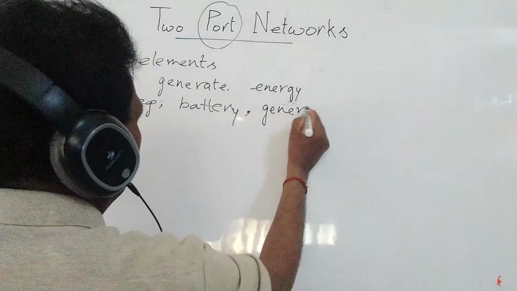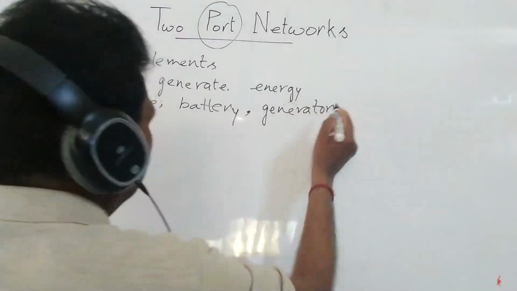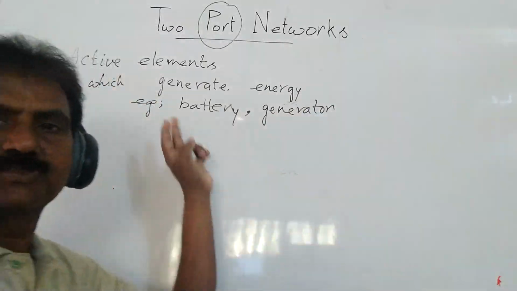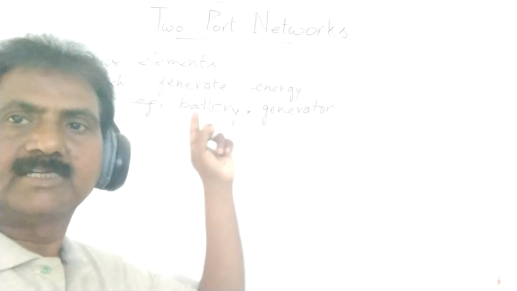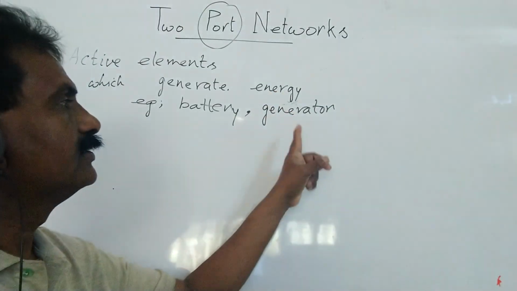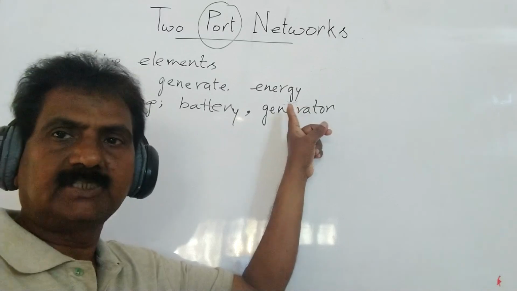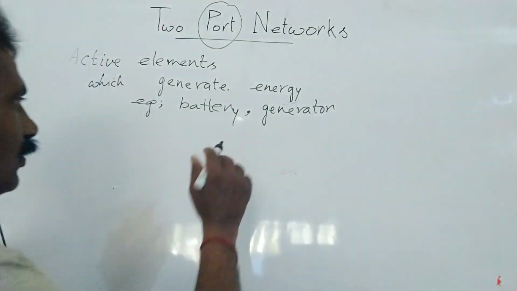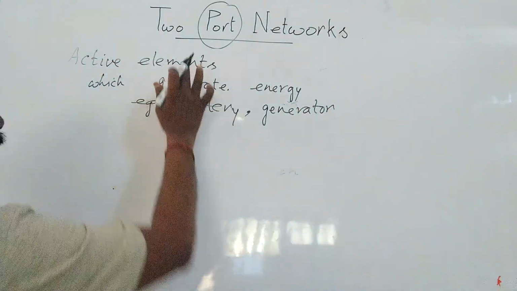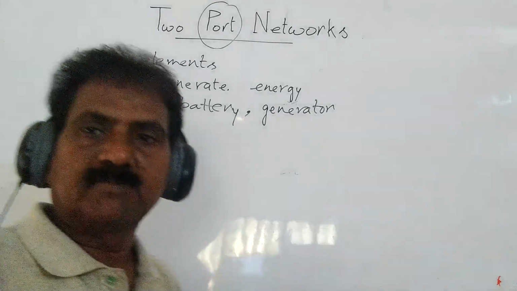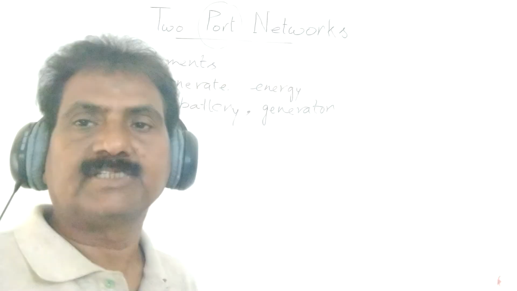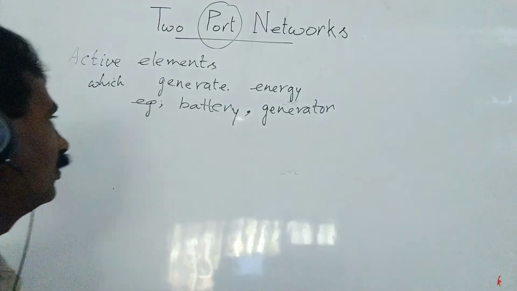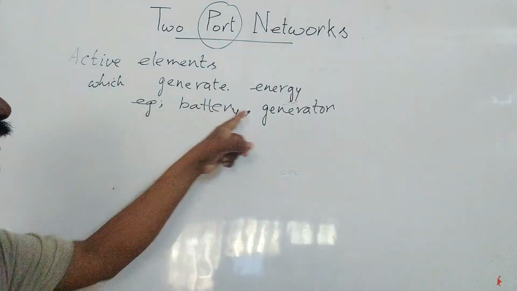You know, all of our electrical students know battery is a source, it generates energy. Generator is a source, it generates energy. Okay, these are the examples. Active elements are the elements which generate energy. Okay, for example, battery and generator.